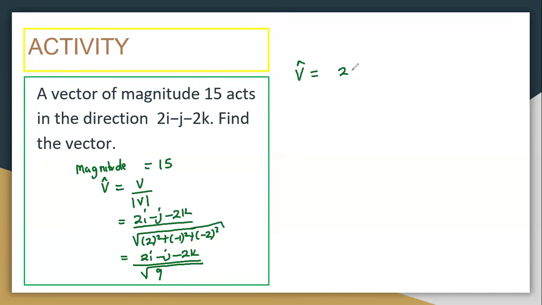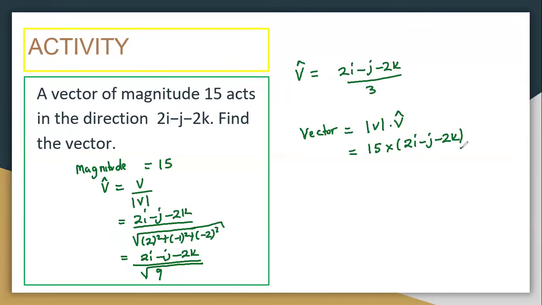Then I said the vector is equal to the magnitude of the velocity times the unit direction. So v, which is the vector, is equal to 15 times what we got as the unit direction, which is 2i minus j minus 2k out of root of 9.